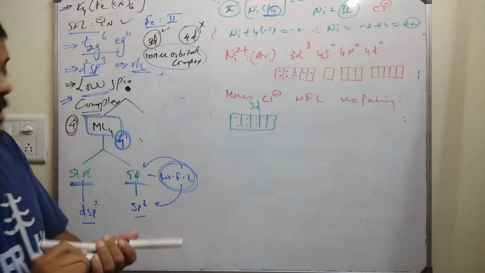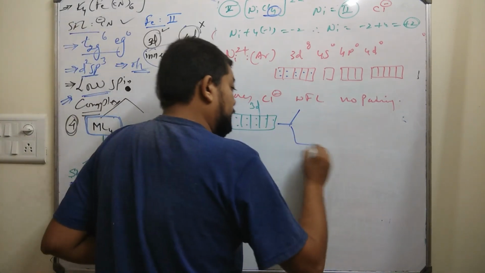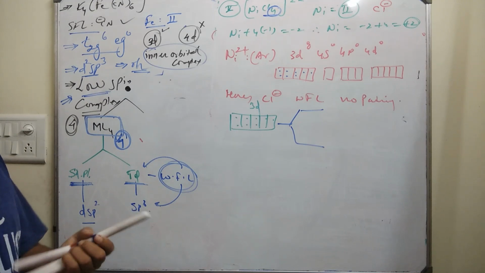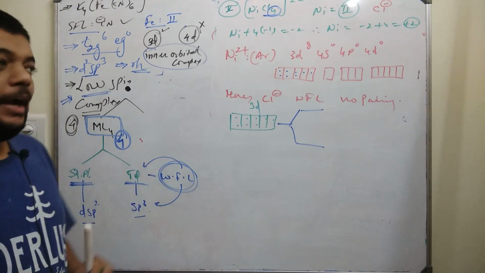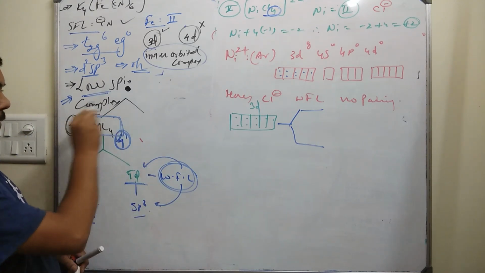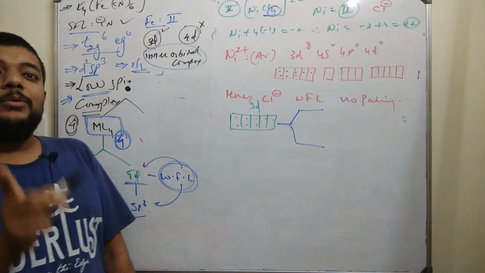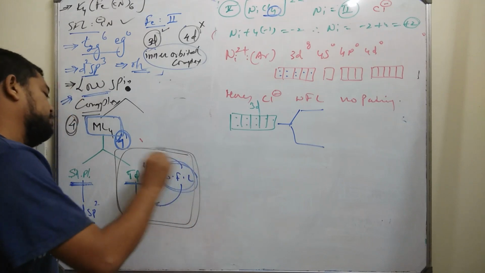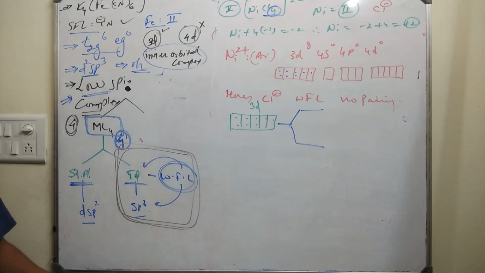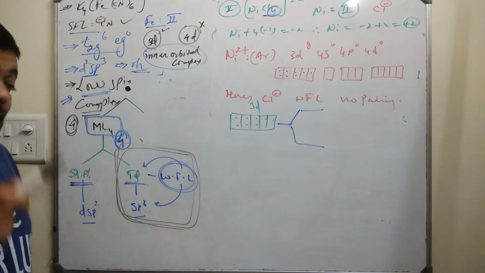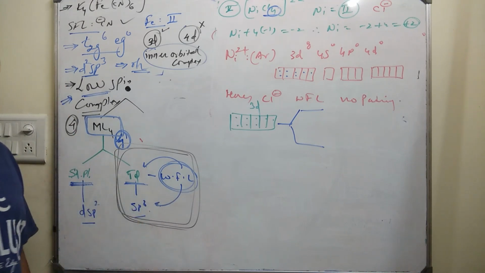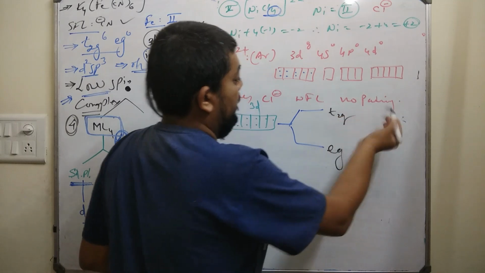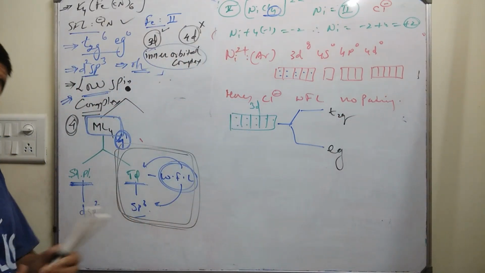But friends, when I was splitting an octahedral complex, it was t2g eg. But when I am splitting a tetrahedral complex or an ML4 complex, it will never be t2g eg. Why do I use the word tetrahedral? Because I know it's a weak field and it is going to lead me to a tetrahedral complex. It is always mentioned as eg t2g. It's not t2g eg, it's eg t2g.